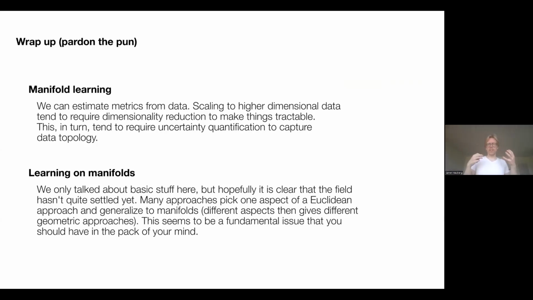Okay, and when it comes to actually learning on manifolds, then I think it's fair to say that it's still a highly moving field. We haven't really settled how to work with statistics on manifolds in an efficient way, but we have some basic tools that are, if nothing else, useful. They're not perfectly understood mathematically, but they do remain useful. The local means are actually valuable for actual computations.